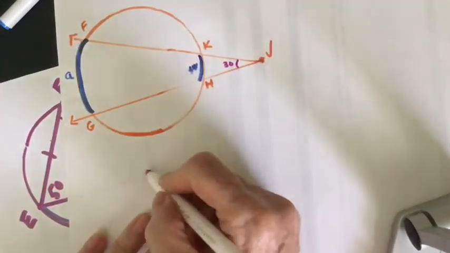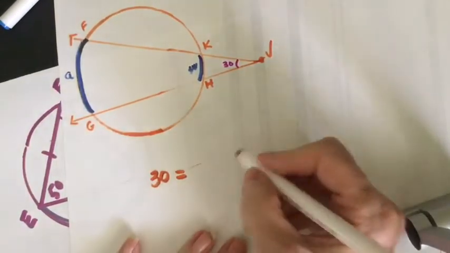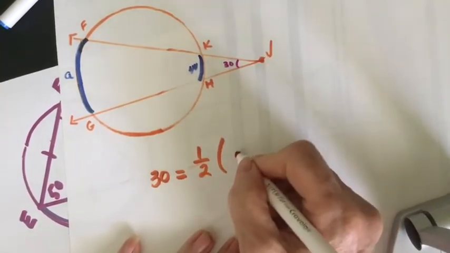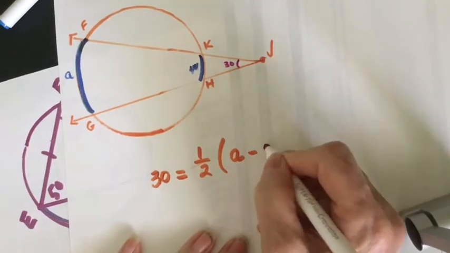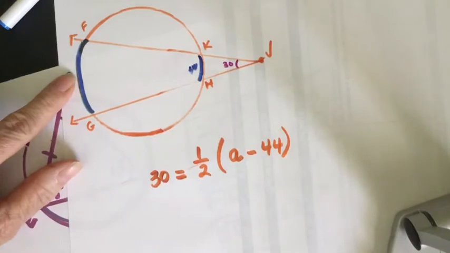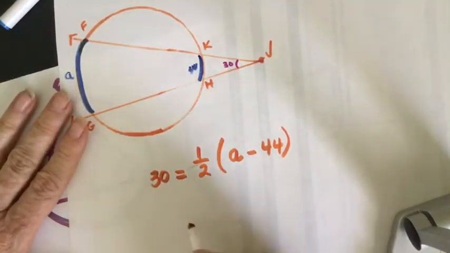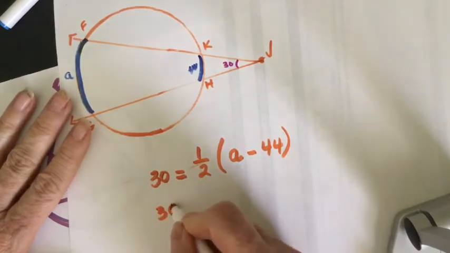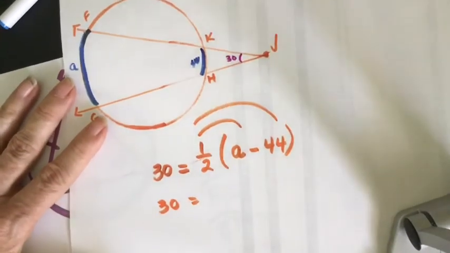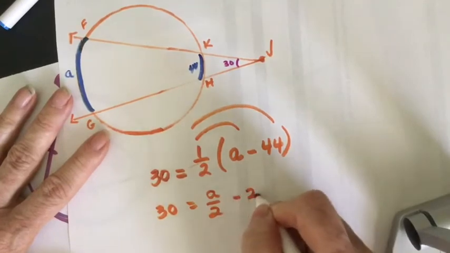So this angle, 30 degrees, equals 1/2 the difference of the intercepted arcs, A minus 44. I put A because it's a bigger arc, okay? So now I have 30 equals, I'm going to do the distributive property, A over 2 minus 22.